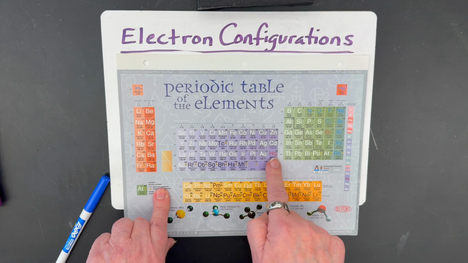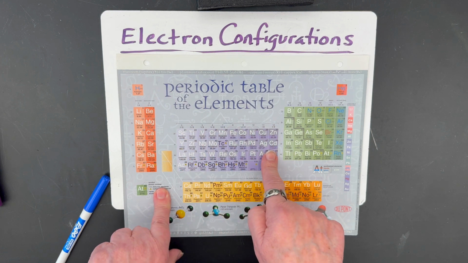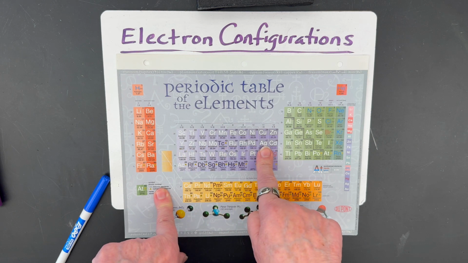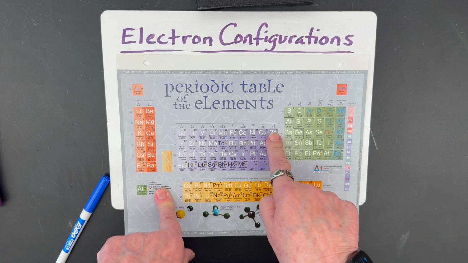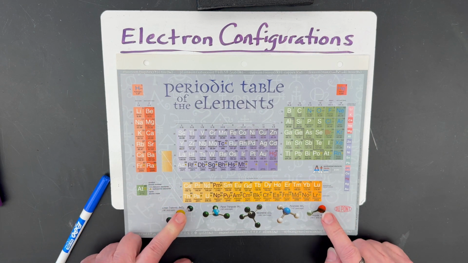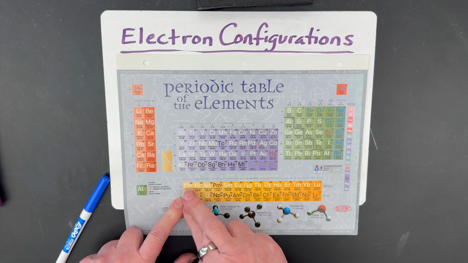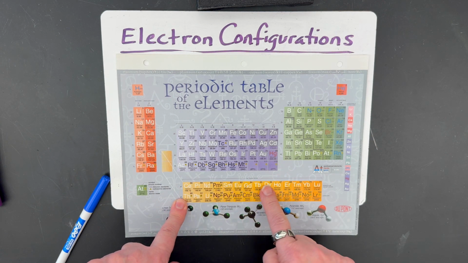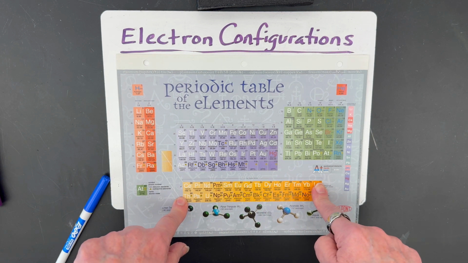This purple area is our D block. It's where a D sublevel is filling. And notice that there's 10 of those because you can fit 10 electrons into a D. And then our yellow down here at the bottom, this is our F sublevel, and an F can hold up to 14, so there's 14 going across here.